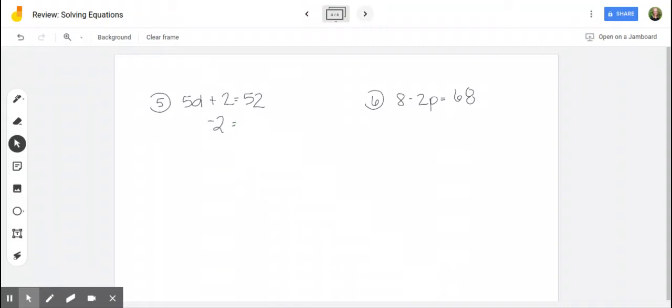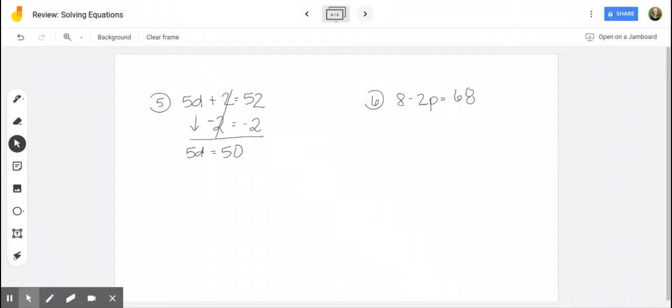If I do something to one side of the equation, I have to do it to the other. I can bring down the 5d. My 2's cancel. And 52 minus 2 is 50.